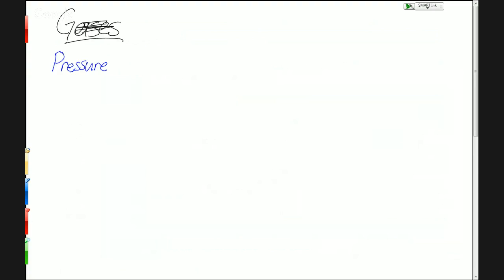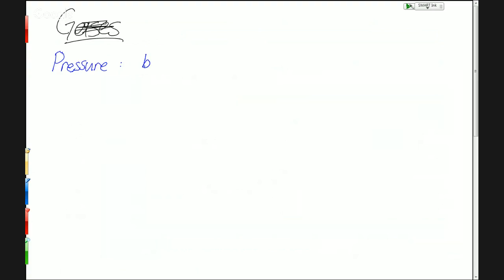What are some units of pressure? You may know? P. What's that stand for? Close. There's another letter in the middle. Has anybody ever measured pressure of something before? Bar, that's one of them. What do you say? PSI. Yep, PSI. Great, glad that's happening again.